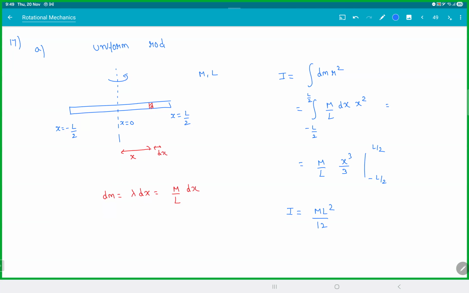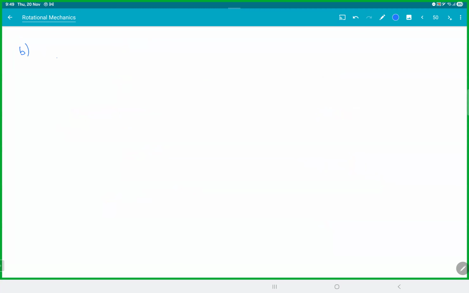Like I said, it is easier than center of mass. The elements will be the same as center of mass, though. Now, using the same thing, I'll give you one more. Now you guys try. Let's say the axis is about the edge of the rod. Mass M, length L, and the moment of inertia is about the edge of the rod.